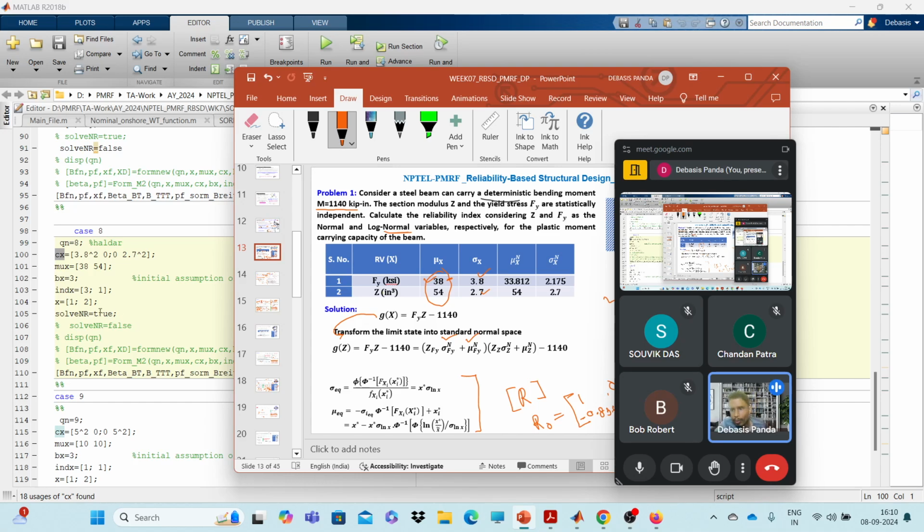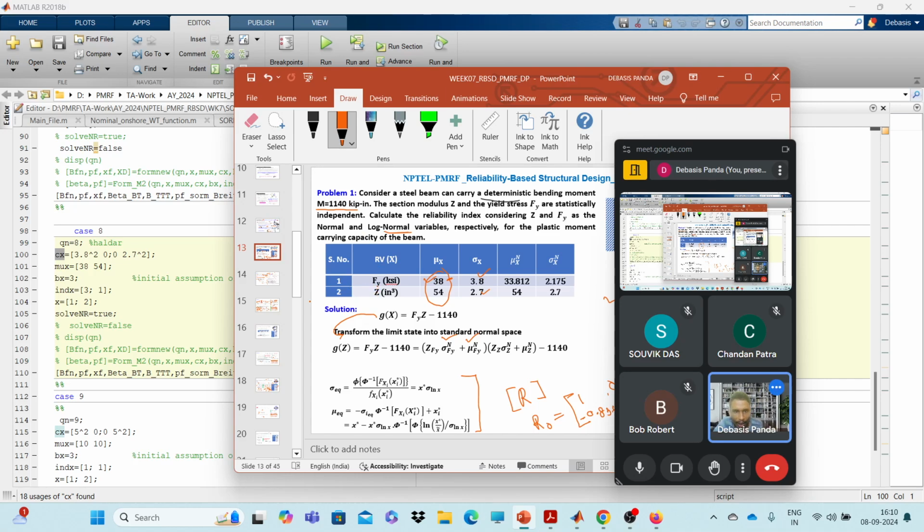Now, one more thing. Initial beta we have provided 3, and the index, recall, in this FORM code the index is used to identify the random variable, or which group the random variable falls under. So here we have a lognormal variable for Fy.